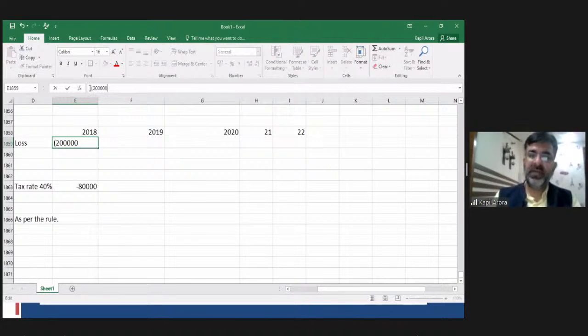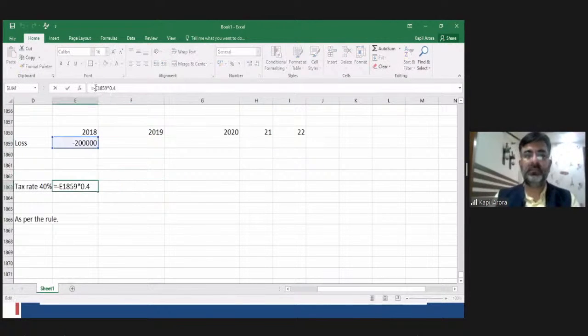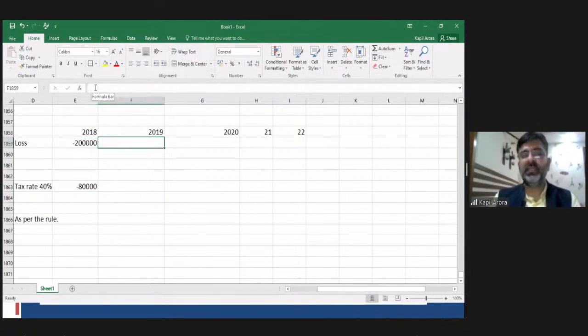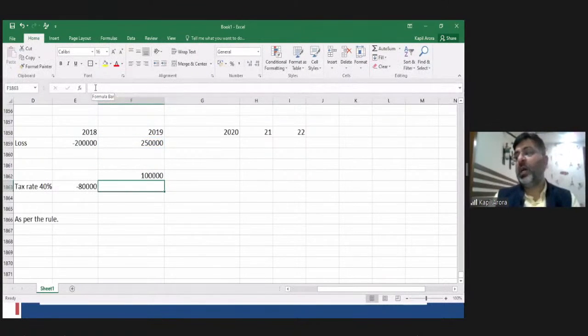It means if I have profit in the next year, let's assume 2,50,000, my tax would be this into 40%. How much tax do I have to pay in 2019 in that case? If my tax is 1 lakh, I will say that the previous year tax, which I was supposed to get back from the government, I will go and adjust this amount here.